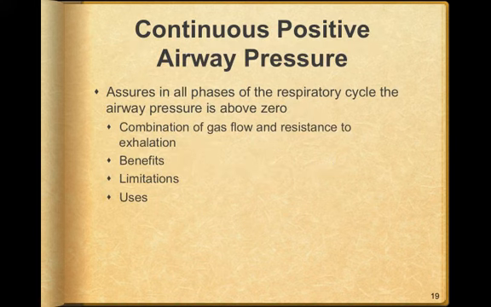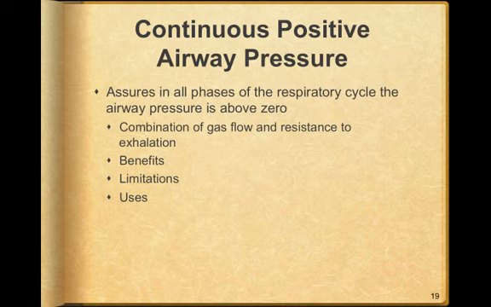Continuous positive airway pressure. This assures in all phases of the respiratory cycle that the airway pressure is above zero. And what a CPAP does for us is provide more oxygen pressure by blowing it into the airway. So never does a patient have an oxygen pressure of zero in the actual lungs.